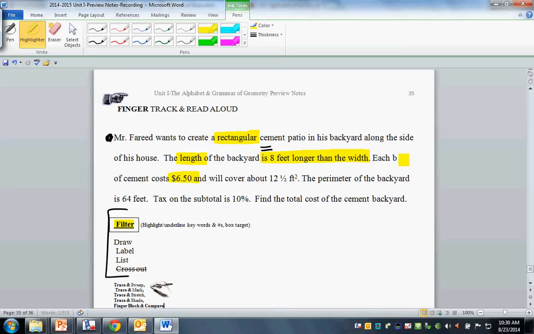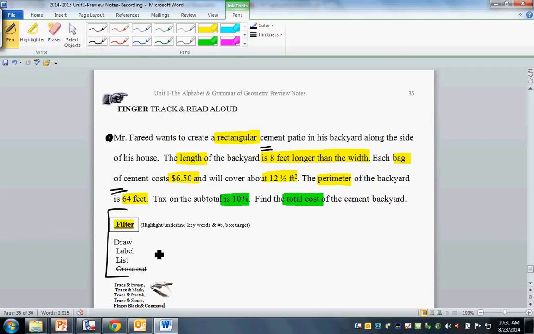Each bag of cement costs $6.50 and covers 12.5 feet squared. The perimeter of the backyard is 64 feet. There's another equal sign. Tax on the subtotal is 10%. Find the total cost. Okay, that's filtering.